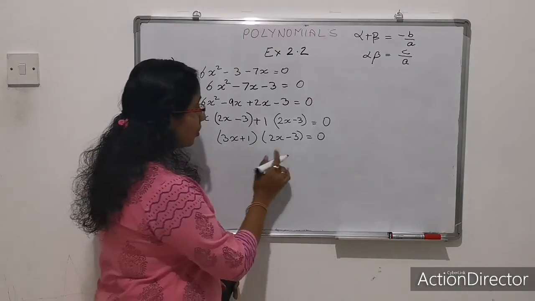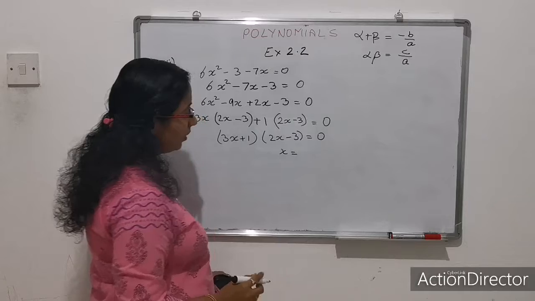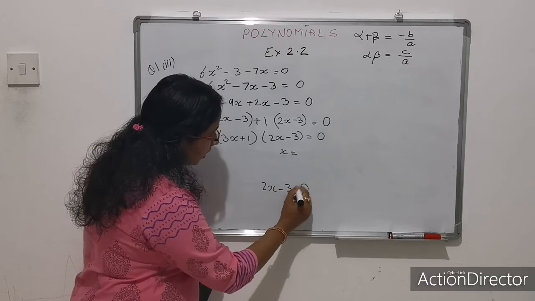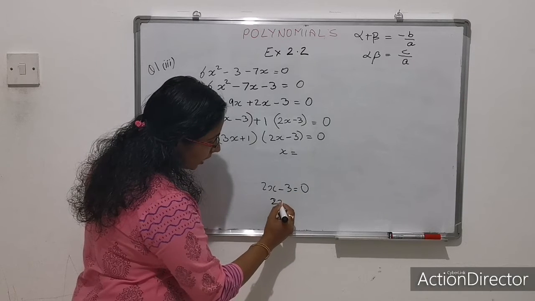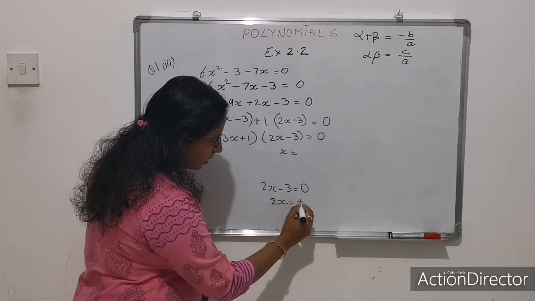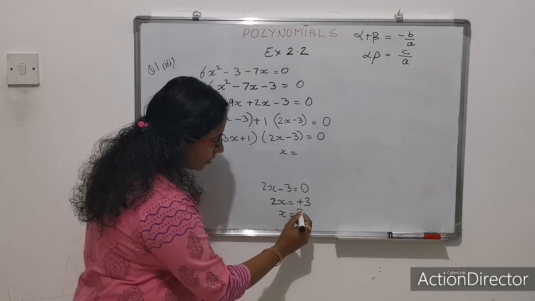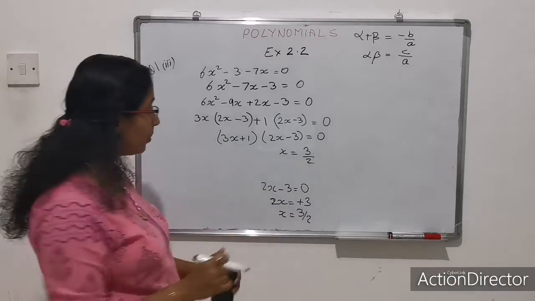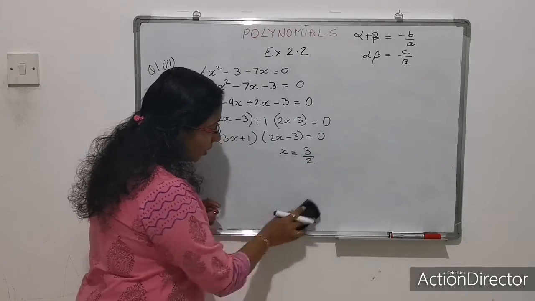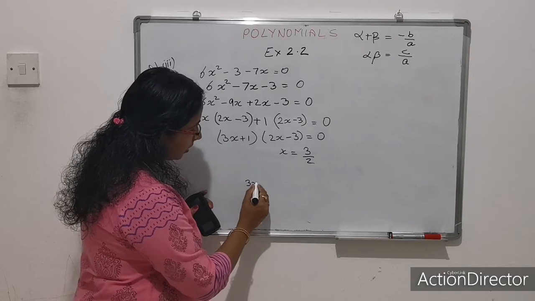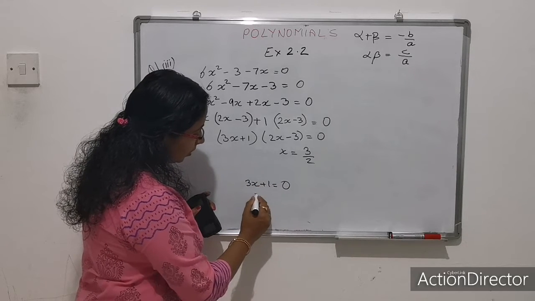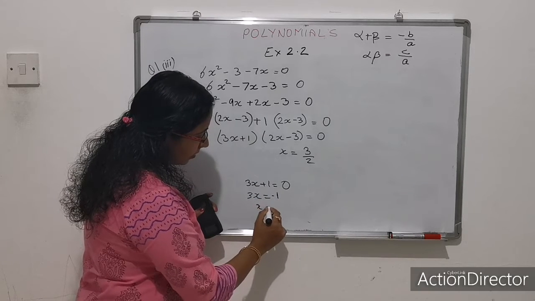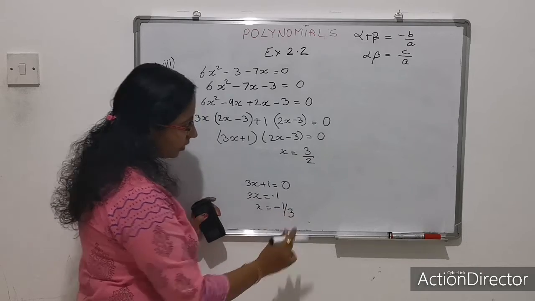So now 2x minus 3 is equal to 0. For clarity I am writing it over here. This becomes 2x is equal to plus 3, so x is equal to 3 by 2. One of the zeros is 3 by 2. Similarly, 3x plus 1 is equal to 0, so 3x is equal to minus 1 and x is equal to minus 1 by 3.